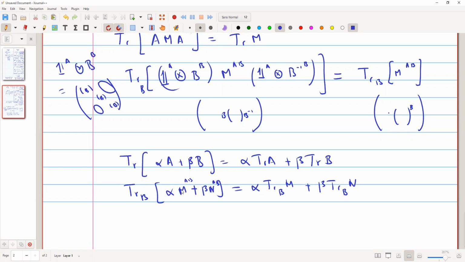So partial trace on B: once B becomes the full system, it will map it to system A, but system A is one dimension. In other words, these are one by one matrices or scalars. So again, from here, you recover the same expression. Okay. So these are some properties of the partial trace.